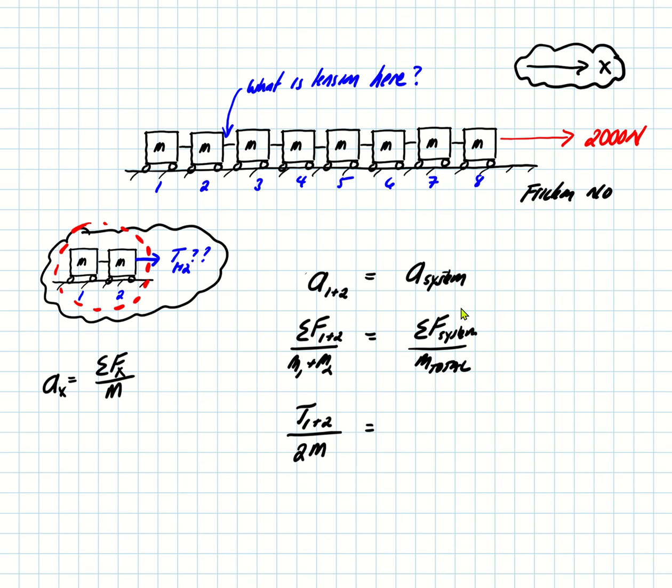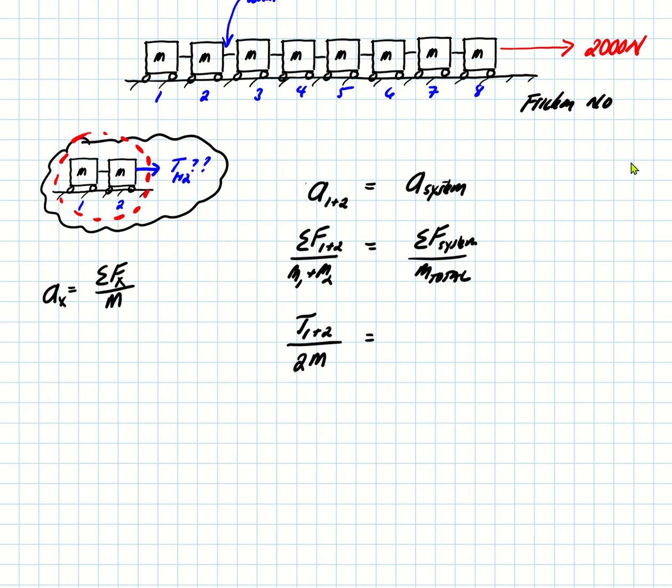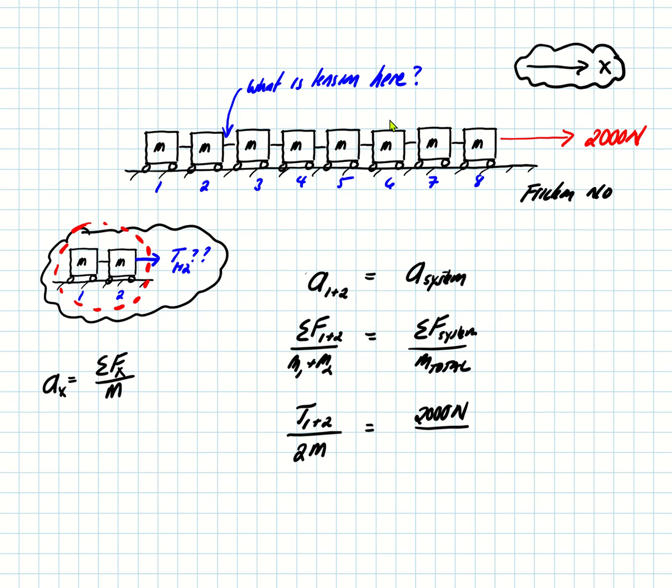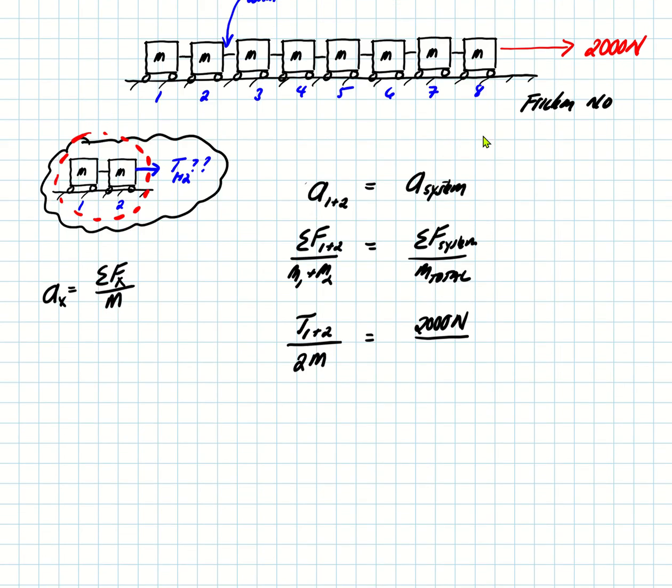And what is the outside force acting on our system? It's going to be this 2,000 Newtons, so I'm going to go ahead and write that. What's the total mass? We don't have a value for it, but we can represent it. It's basically 8 of these m's. What is m added 8 times? Well, that's 8m.